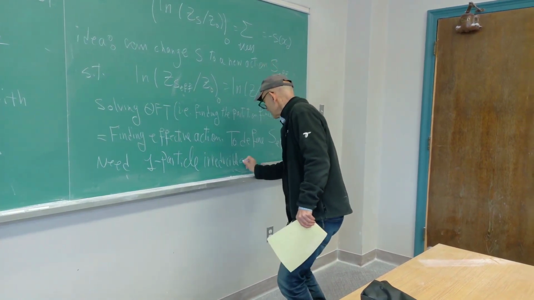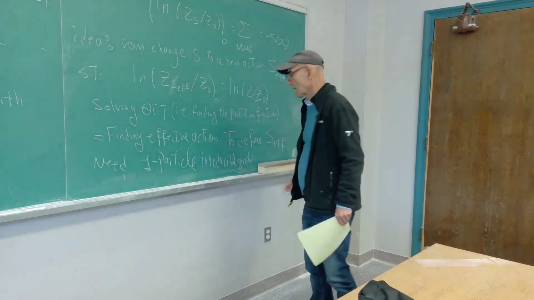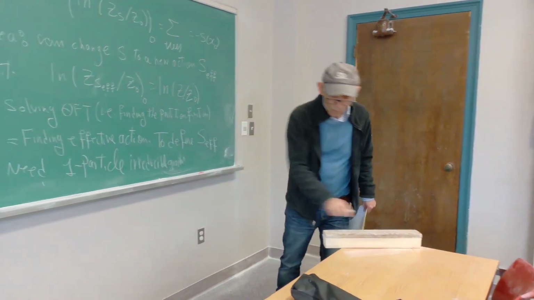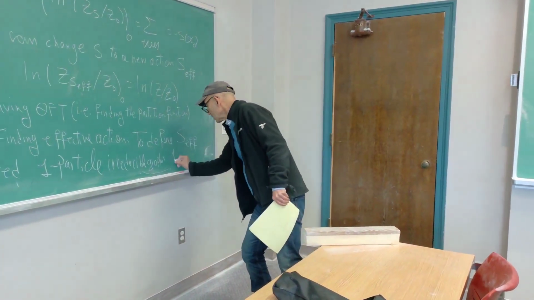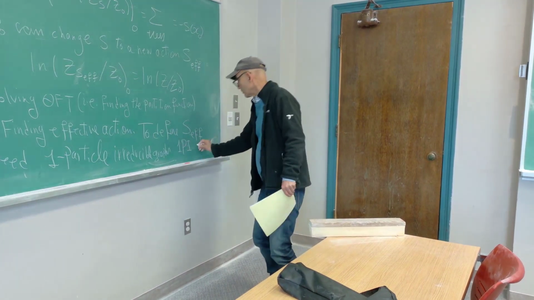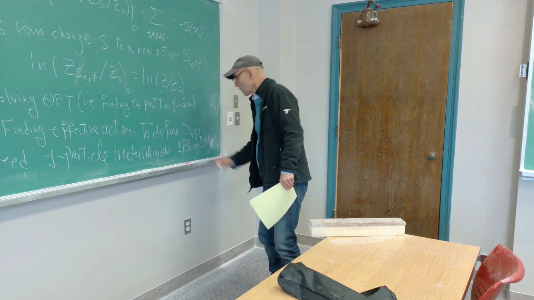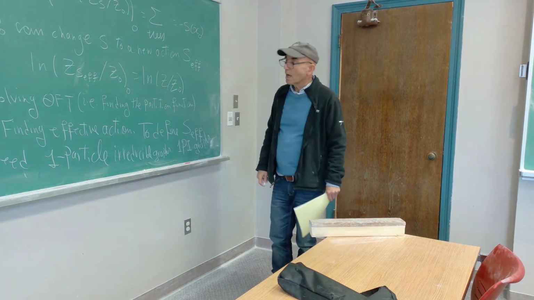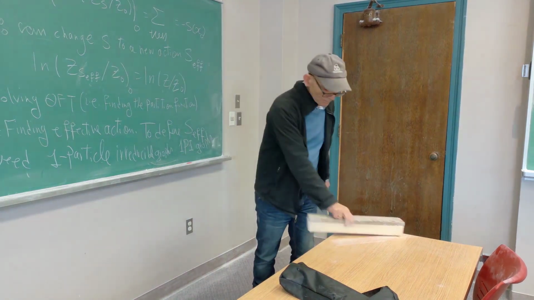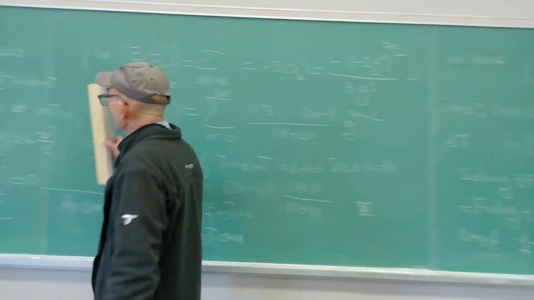So these are generically denoted by 1PI graphs. 1PI is always like this. So what is a 1PI graph? It's the following.